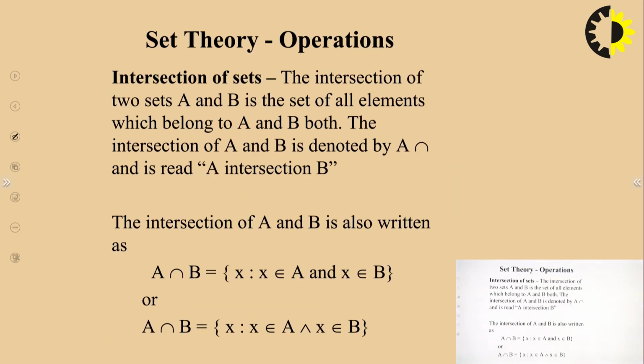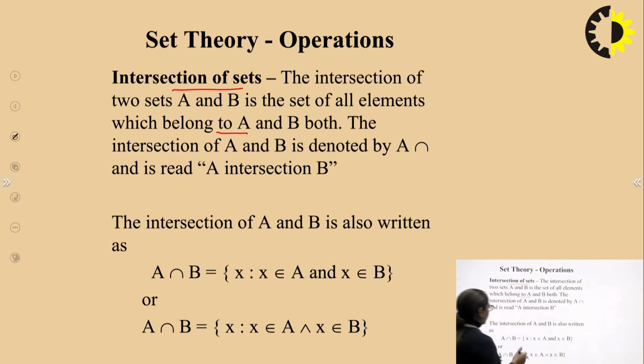Now see the various operations. First is intersection of the set. The intersection of the 2 sets A and B is a set of all elements which belong to A and B both. Means we have to take out the common elements. If we are saying that the intersection of the 2 sets has to be written, then we have to see what elements are common in both these sets.